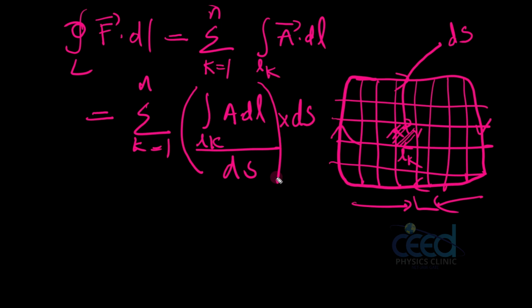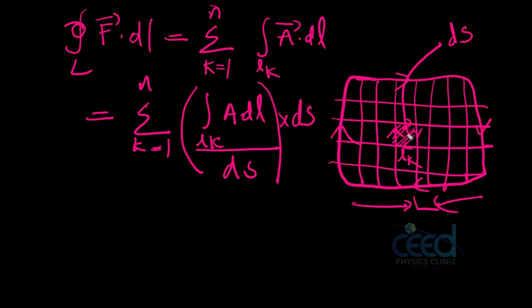This is the closed line integral over area. This actually represents the curl of this vector, because the circulation of a vector field per unit area represents the curl.